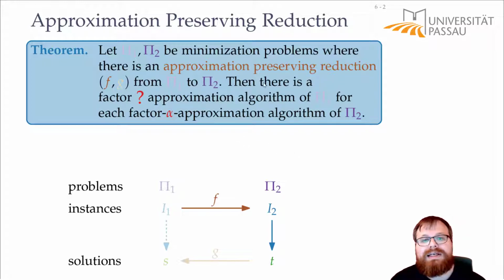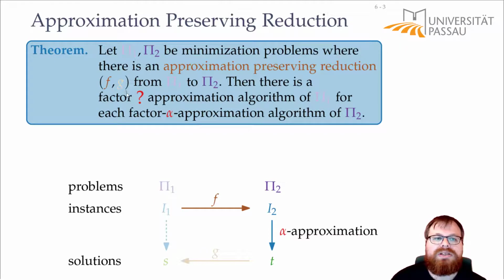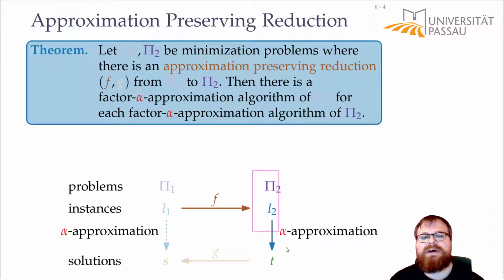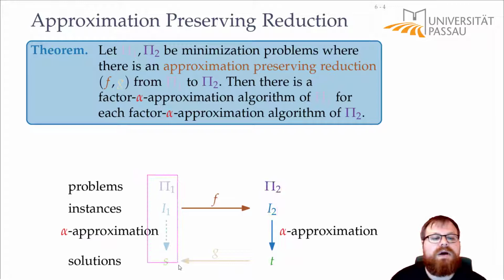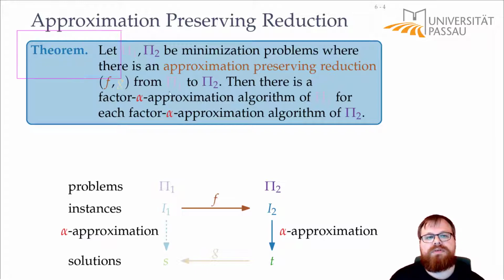Then this directly gives us an approximation algorithm for pi1, which also has factor alpha. So if we know how to solve this problem within factor alpha, then we also know how to solve this problem within factor alpha. Before we apply this theory, we first want to prove this theorem, which is quite simple.